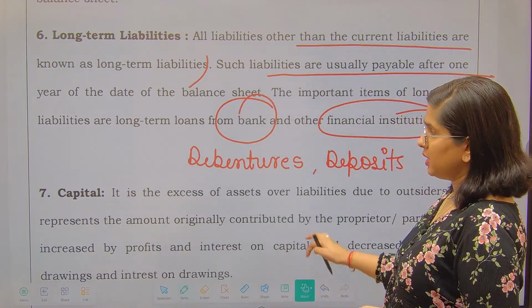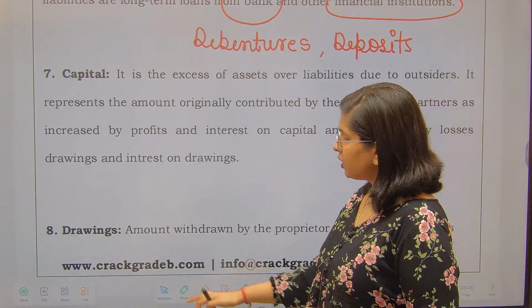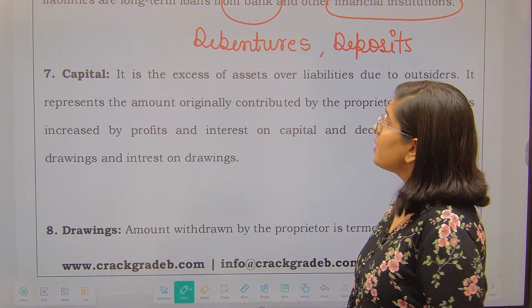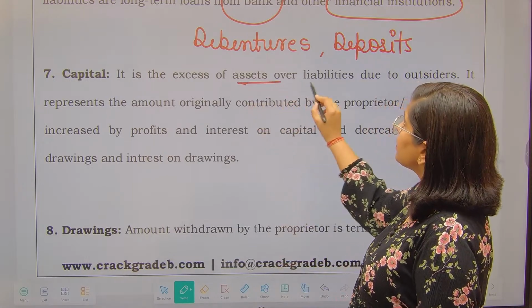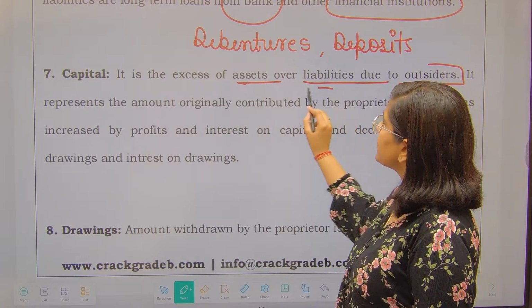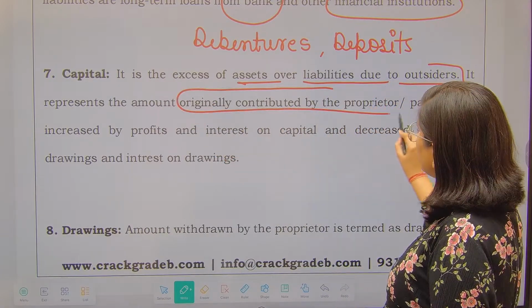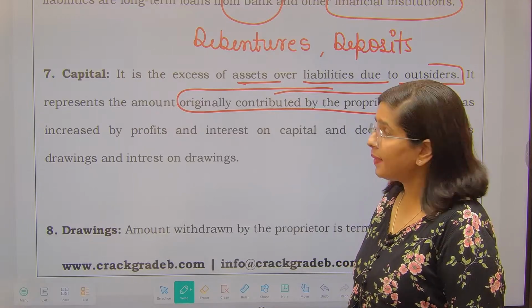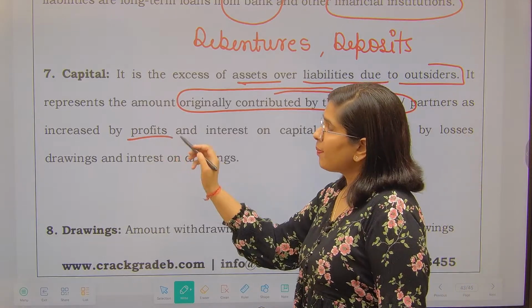Next is capital. So capital means what? The amount that has been brought in by the owner. ठीक है? So it is the excess of assets over liabilities due to outsiders. It represents the amount that has been originally contributed by the proprietor or the owner. ठीक? It is increased by profits.